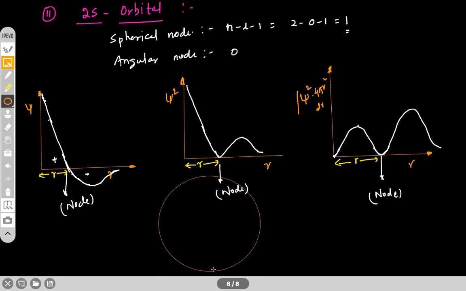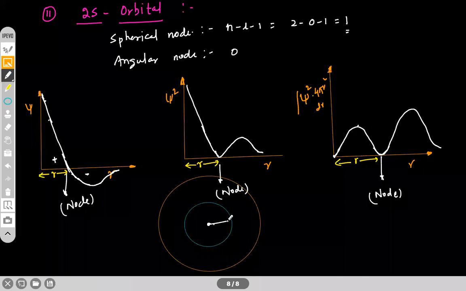Suppose this is 2s, and this is the nucleus. Around this nucleus, we have a spherical surface at a distance r from the nucleus. Since it is a spherical node, I am assuming this is a spherical surface at a distance r, where the probability of finding an electron is 0.